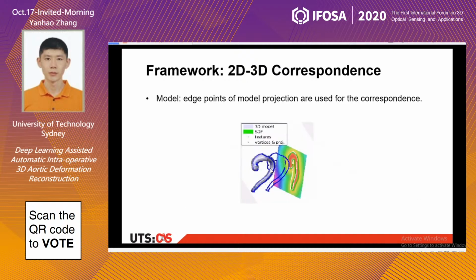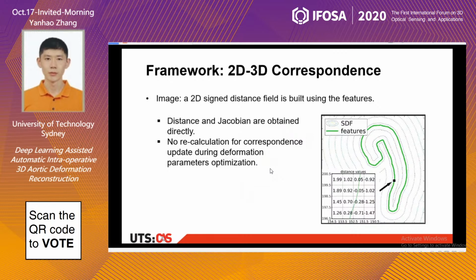And then is the 2D to 3D correspondence. From the model, we project the model onto the image, and we also calculate the boundary of the point cloud projection using the alpha shape method. And from the image, we build a 2D signed distance field.